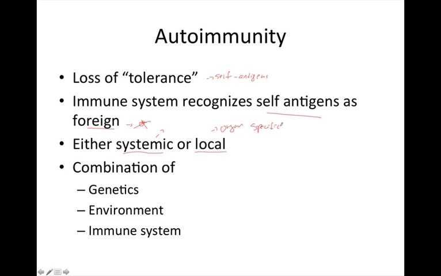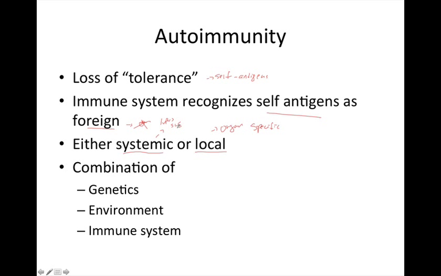An example of a very common systemic autoimmune disease is lupus, or SLE, systemic lupus erythematosus. Organ-specific diseases include type 1 diabetes, Hashimoto's thyroiditis, and so on. So basically, just specific organs are attacked.